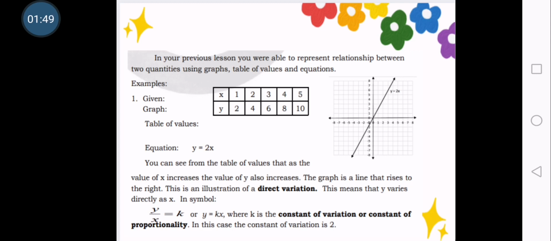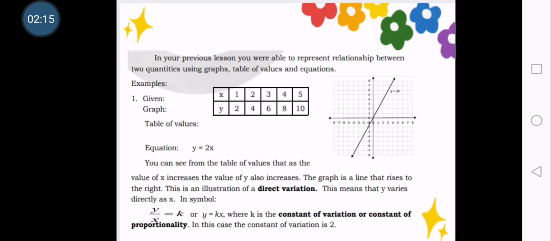Dahil ang ibig sabihin nun, ang values daw ni y ay nakakuha by multiplying the values of x by 2. Halimbawa, when x is 1, so y is 2. Paano nangyari yon? Dahil 2 times 1 is 2. And then, 2 times 2 is 4. Ayan. At kapag i-graph po natin ang table of values natin, so ayan po ang result. It will form a straight line.